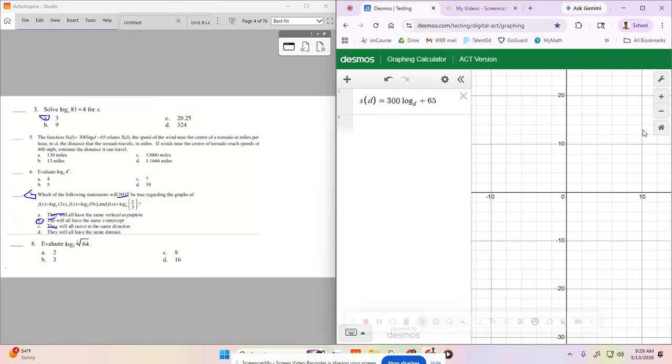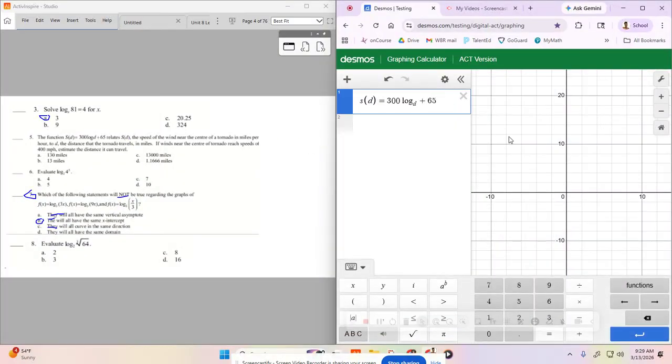Okay, anyway, it's talking about the speed of the wind in the center of the tornado in miles per hour to D. So that means this is going to equal 400, I think. But it doesn't. Hold on, give me a second.